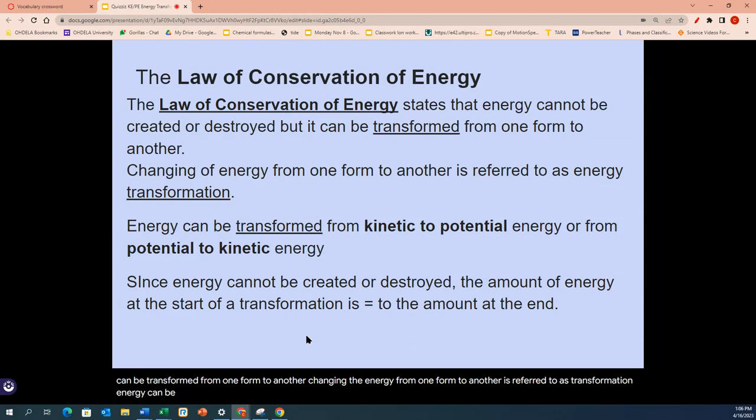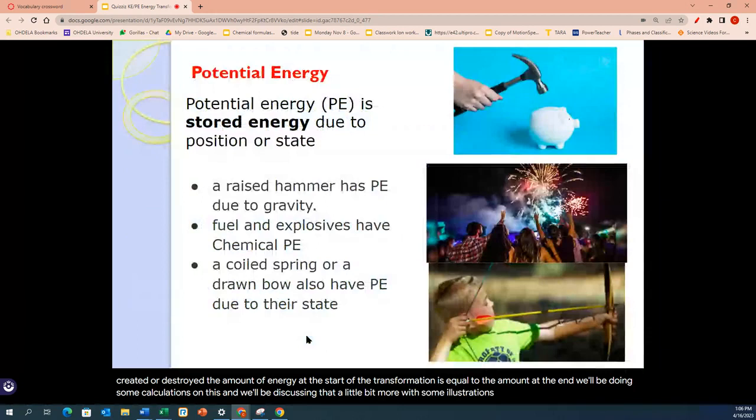Energy can be transformed from kinetic to potential energy and from potential to kinetic energy. Since energy cannot be created or destroyed, the amount of energy at the start of the transformation is equal to the amount at the end. We'll be doing some calculations on this, and we'll be discussing that a little bit more with some illustrations.